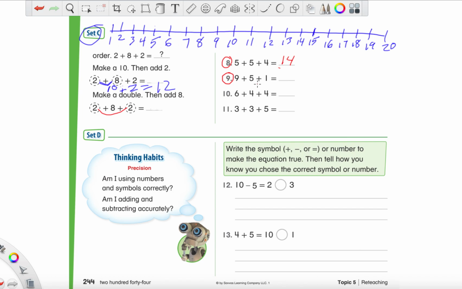Alright, if you're not done with number 9, pause the video and take your time. Then when you're all set, hit play. For my other friends that are all done, let's check your work now.